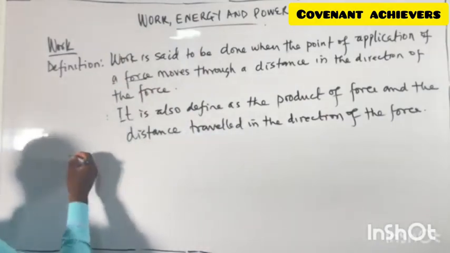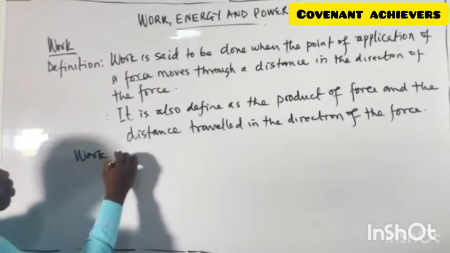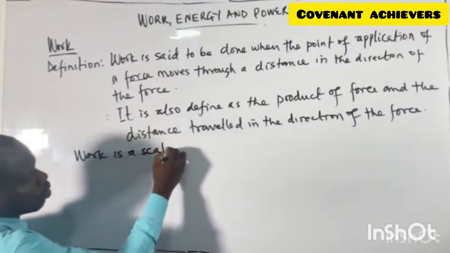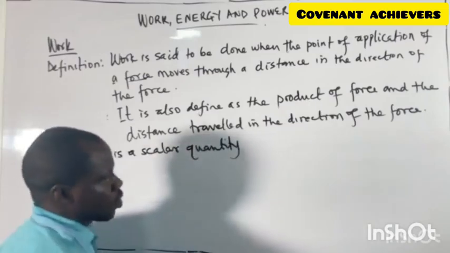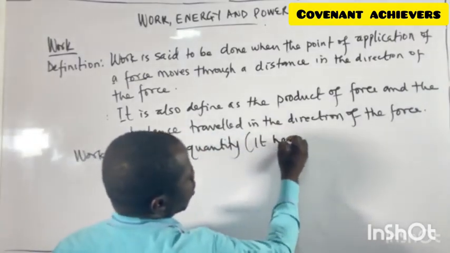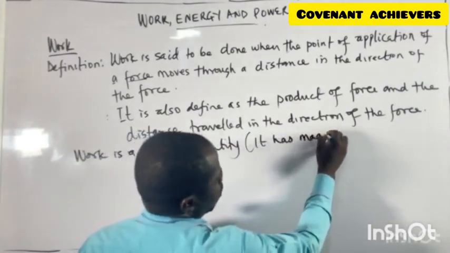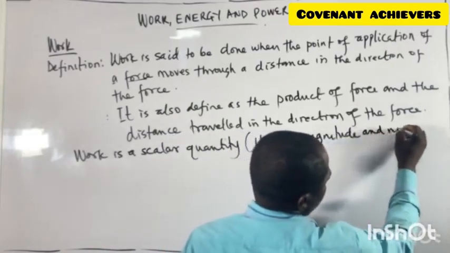And also, work is a scalar quantity. That means that it has magnitude and no direction.